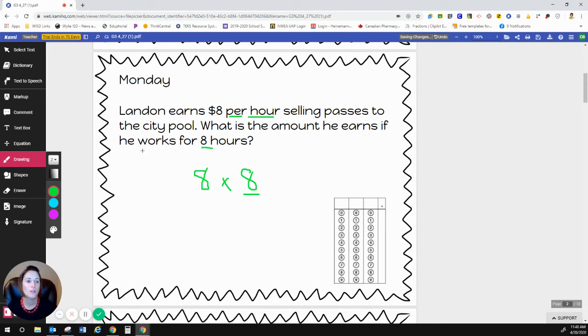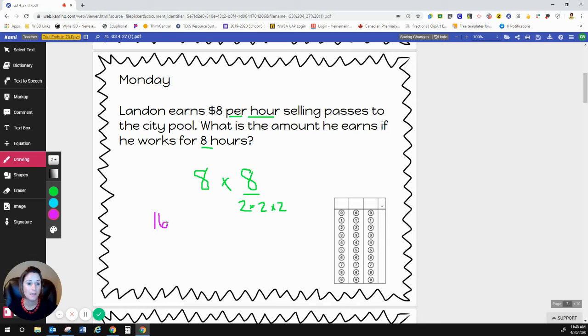Double, double, double. So think about 8 is broken up into groups of 2. So 2 times 2, that's your first double, double, and double it one more time. Okay, because you many times know your 2's, right? So thinking about it this way, what's 8 times 2? You know that that's 16, okay?